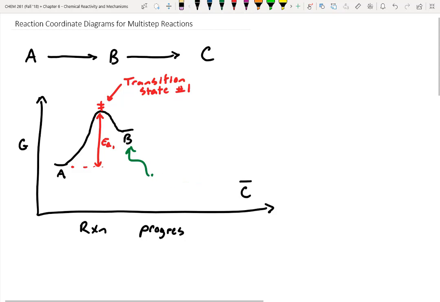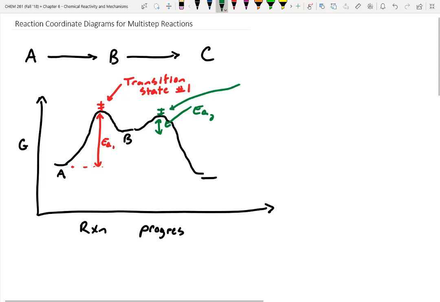All right. After this step, though, we're going to go to some product C. Let me actually slide this over. I'll rewrite it, don't worry. Okay, so C is down here. We still have some sort of energetic hump to get over. So I'll call this EA2. And again, this also has a transition state, so I'll label this transition state number 2.